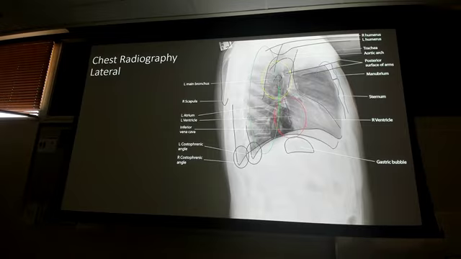If the radiation comes in from the back, hits my posterior costophrenic angles, and then I have all of this soft tissue absorbing the x-rays and the radiation, by the time I get to the film none of that radiation is really hitting the film. I can't see my posterior costophrenic angles on a PA chest x-ray. What you're seeing are these anterior costophrenic angles on the chest x-ray.